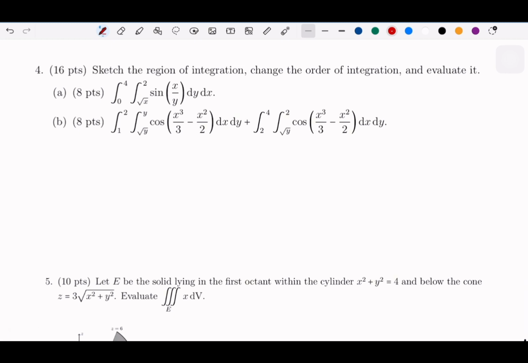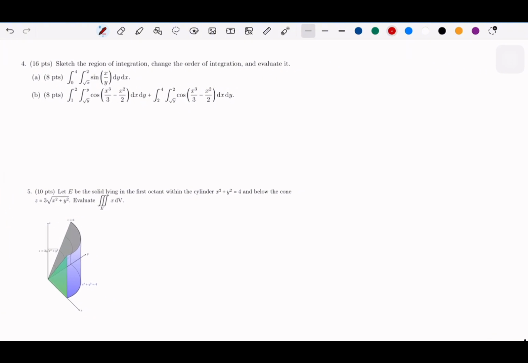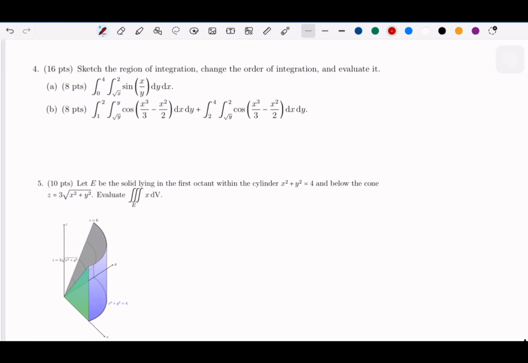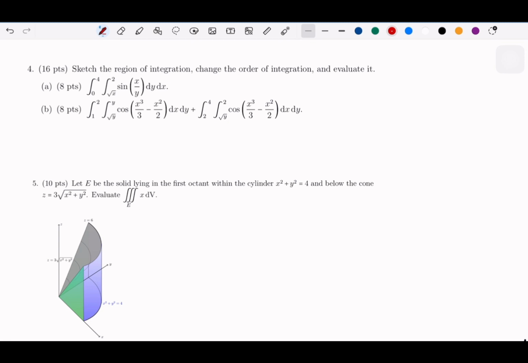Number 5 here, maybe just a quick review. This will relate to the surface. This is the area. Remember that when we have this supposed triple integral, this E will be our figure, right? This E, no matter what the function is, because we cannot really see what kind of functions.